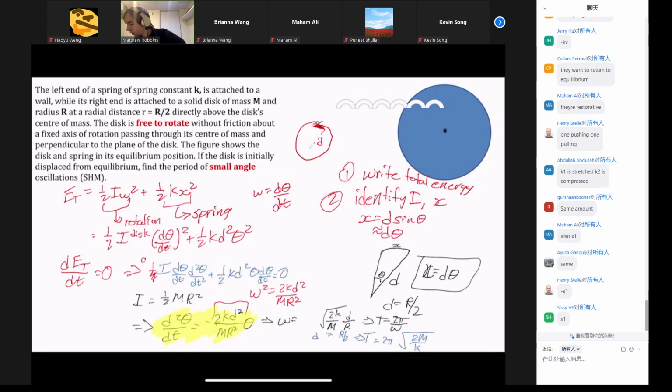Now, let me apply the free body diagram. What we know is the net force is equal to negative k1 x1 minus k2 x2. And then we also know that the net force is equal to mass times the acceleration. So that means that the second derivative of my position with respect to time is equal to negative k1 x1 minus k2 x2 over m.